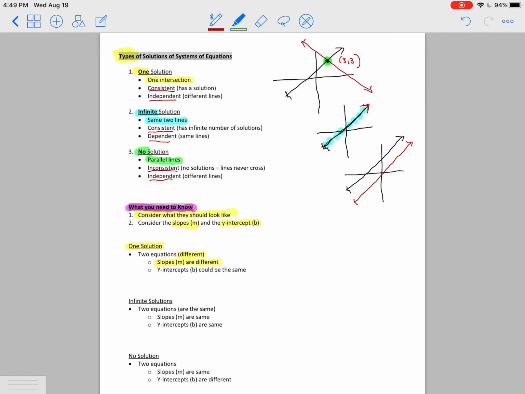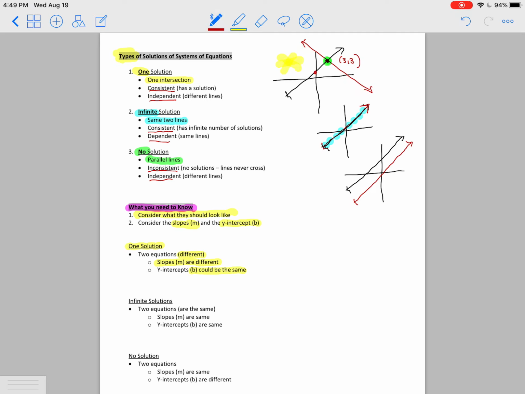We can see in our example up here, our slopes are very different from each other. Our y-intercepts could be the same, so the b could be the same. They could actually cross right at the y-intercept, right? If I had moved this line down right here, this red line, let me just go back up here and do that, right?